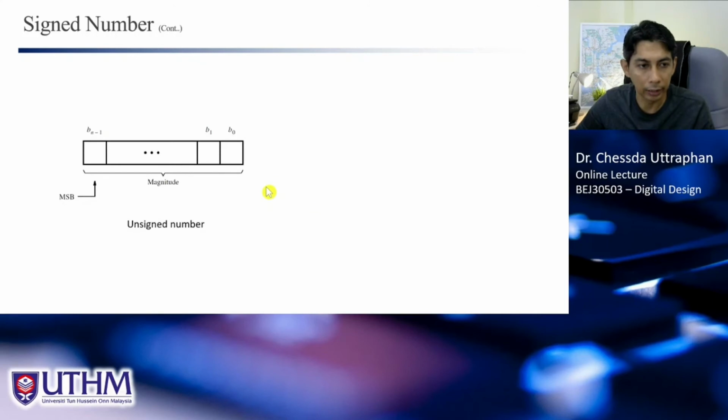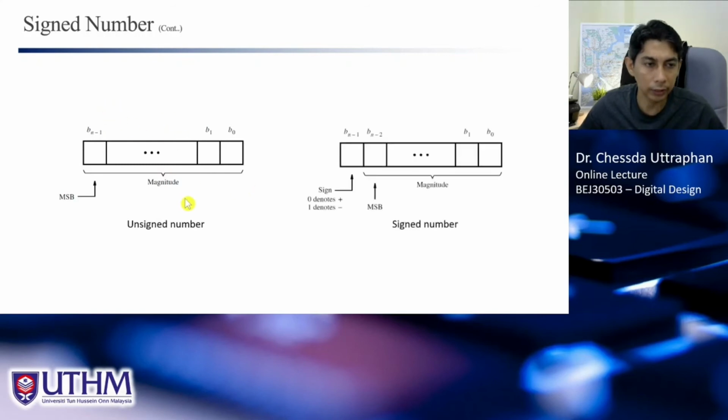So that's why we have what we call the signed number in digital. All right. So first, the engineers or the scientists invented this concept, what we call the signed number.